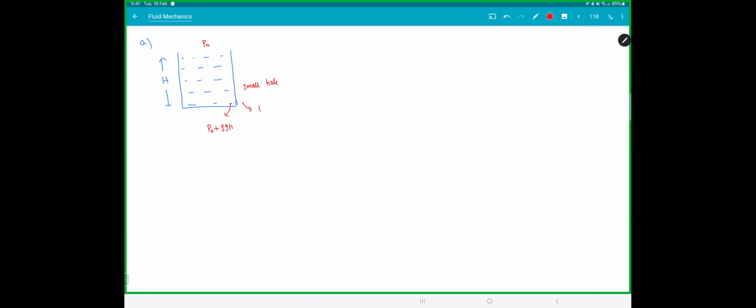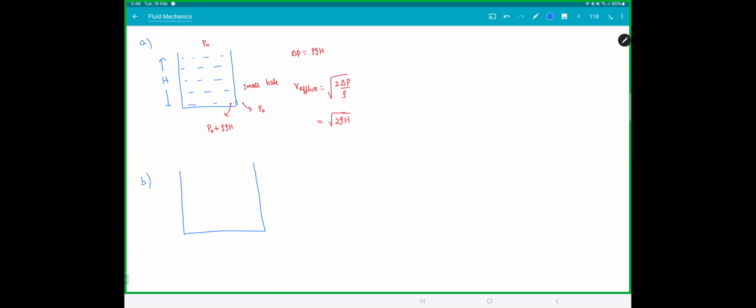What is the pressure here? P naught. So what is delta P? Rho gH. So what is the velocity of efflux formula? Root over 2 delta P by rho, which is root 2gH. That's the standard one.